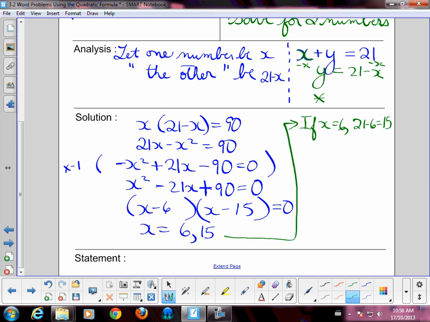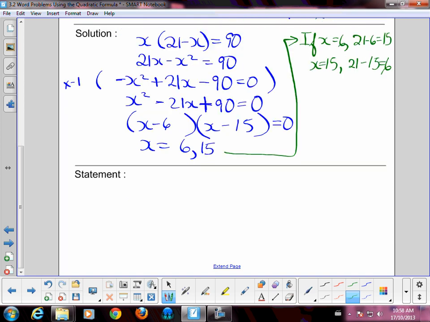And if x equals 15, then 21 minus 15 is going to equal 6. So what we have found here now is our statement. We found the two numbers. The two numbers are 6 and 15. You can put it as a therefore statement: therefore, the two numbers are 6 and 15.